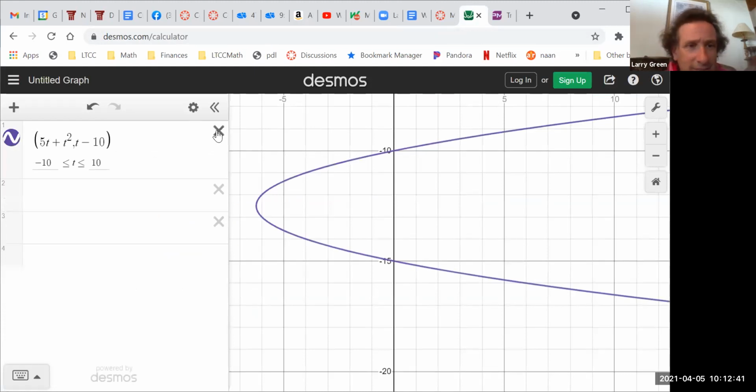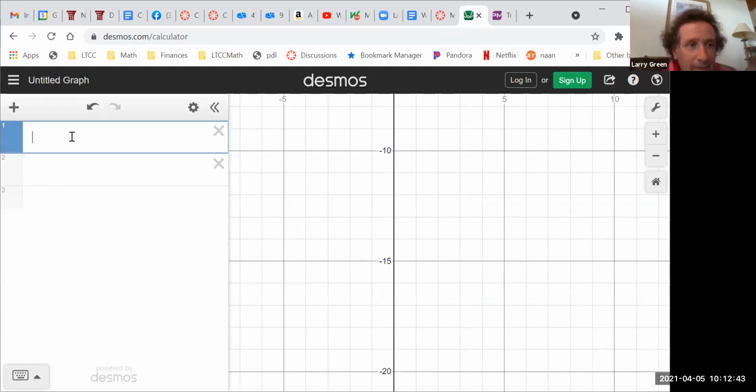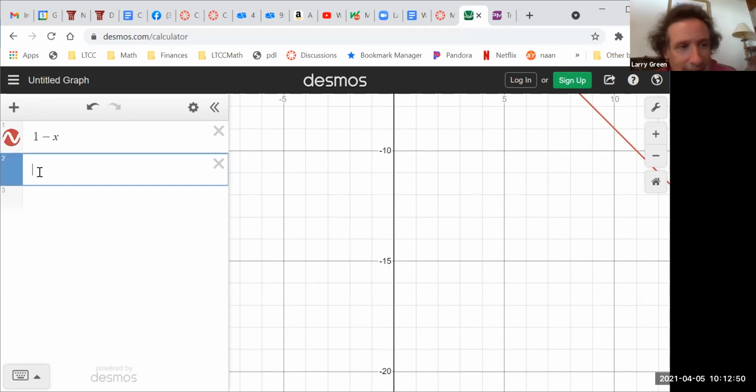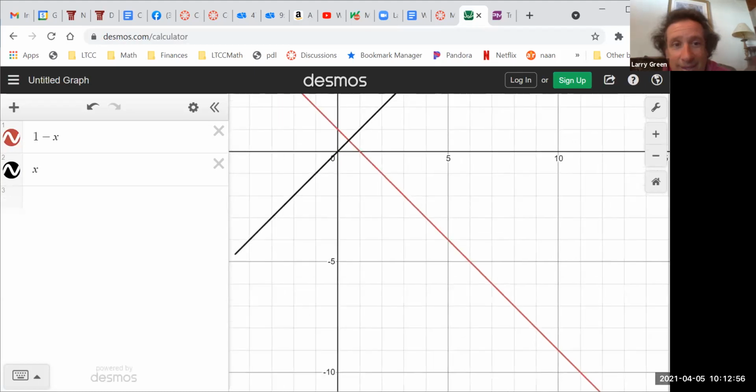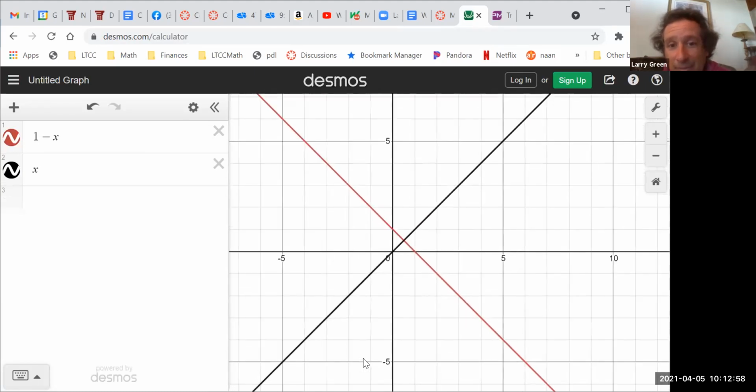Well, let's take a look just for fun. So 1 minus x and x. Hopefully you didn't need Desmos to graph this, but you can. Did they meet? What do you think?